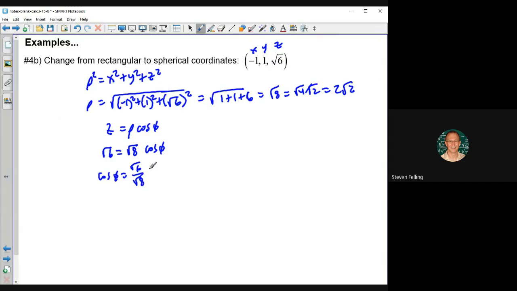That's the same as the square root of 6 over 8, which would be the square root of 3 over 4. Is that right?